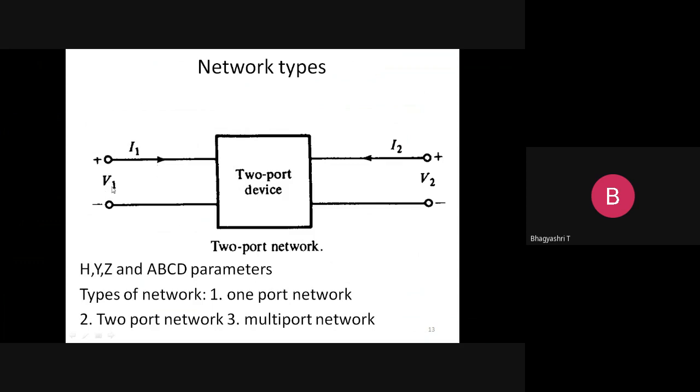V1 is the voltage here, plus minus, and this current is I1. Similarly, at this port we get V2 voltage, plus minus, and current is I2. To analyze this network, we have H, Y, Z and ABCD parameters. H means hybrid, Y means admittance, Z means impedance, and ABCD is for the transmission parameters.